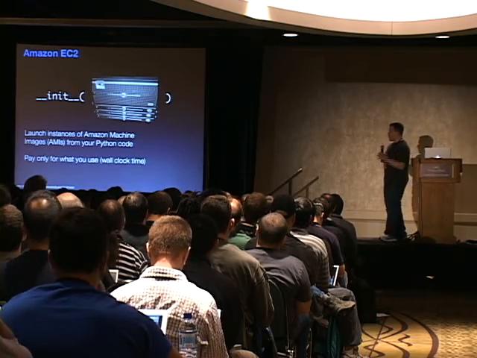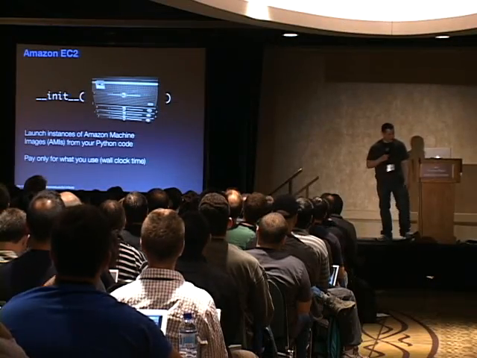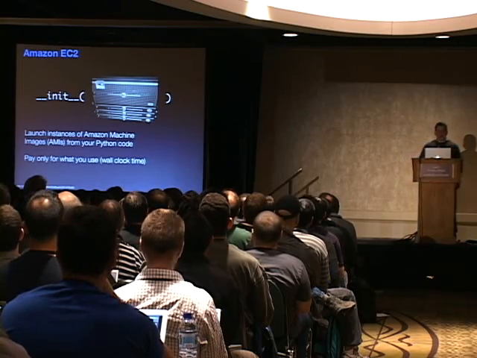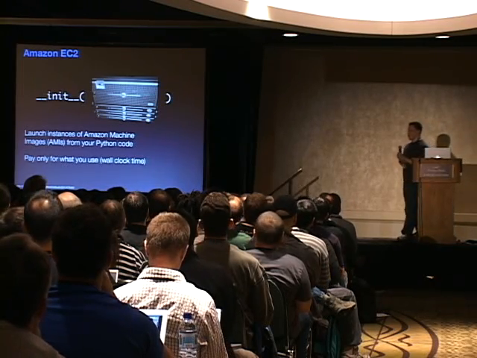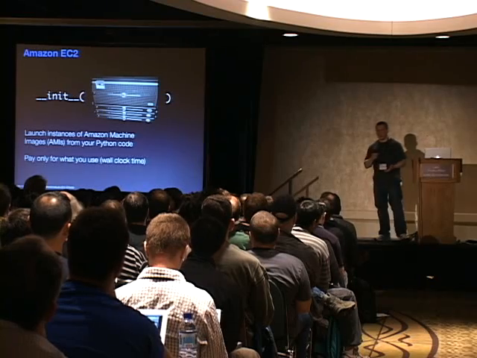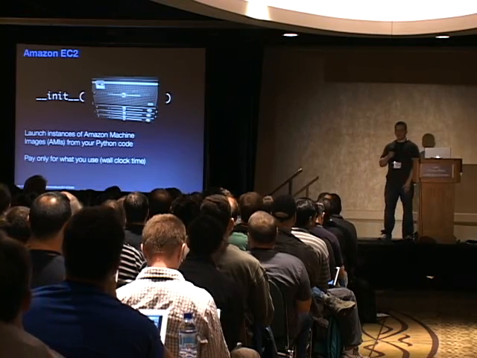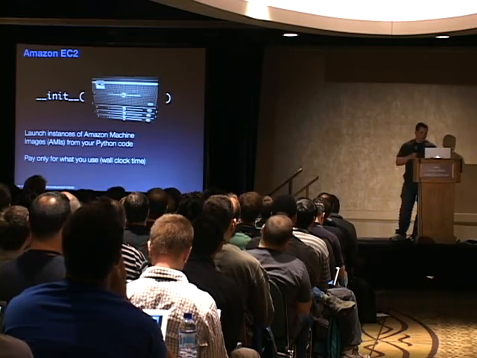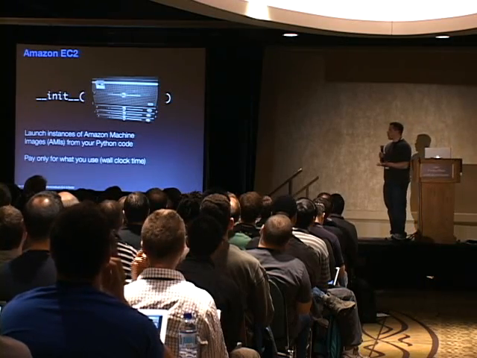Now, enter Amazon EC2, right? I don't have the resources to buy a whole server farm, and there's the overhead and management, heating, cooling, all that kind of stuff. Amazon is great to take care of that for you.